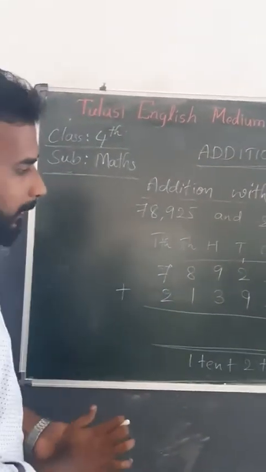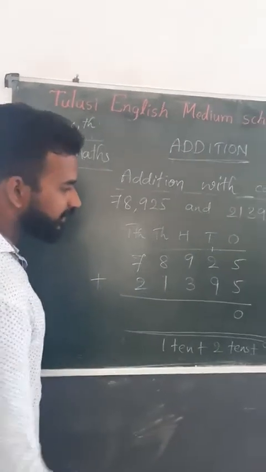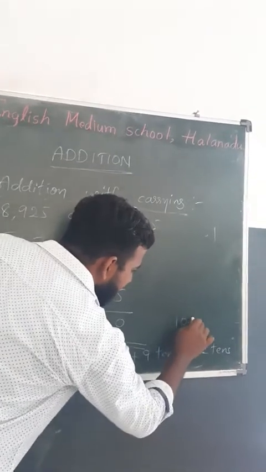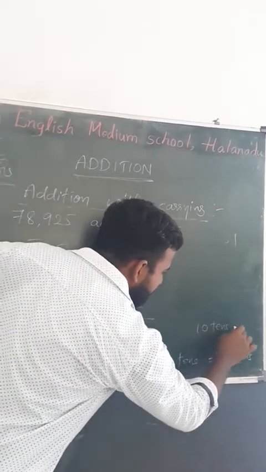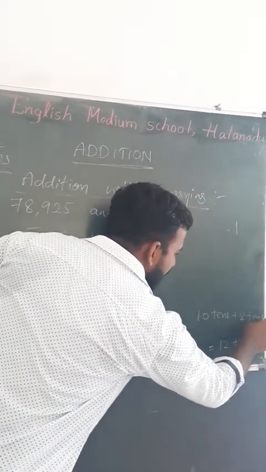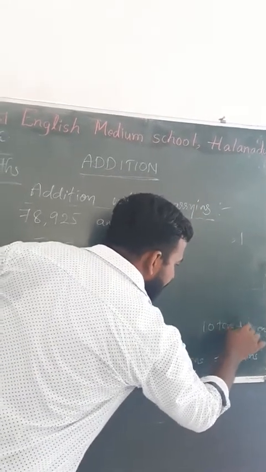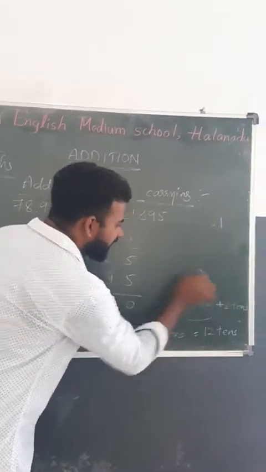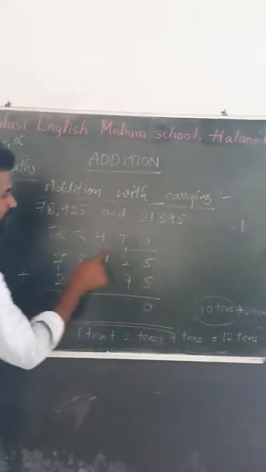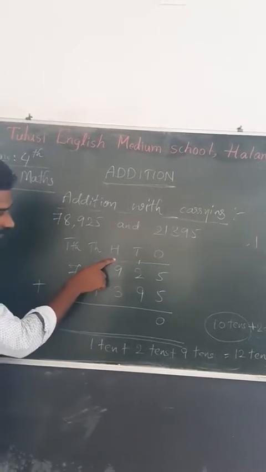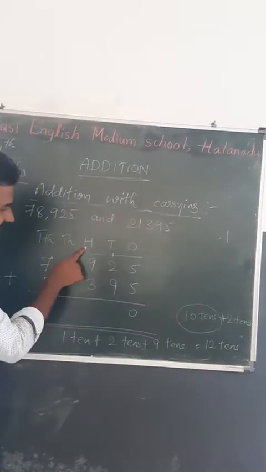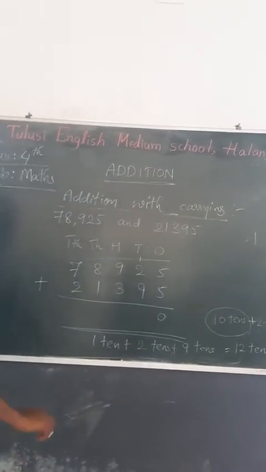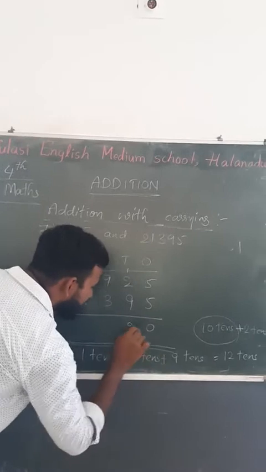We can't write 12 tens here. In 12 tens, I am writing 12 tens as 10 tens plus 2 tens, because 10 tens is equal to 100. So the remaining 2 tens I will write here. Total 12 tens, only 2 tens I am writing here.